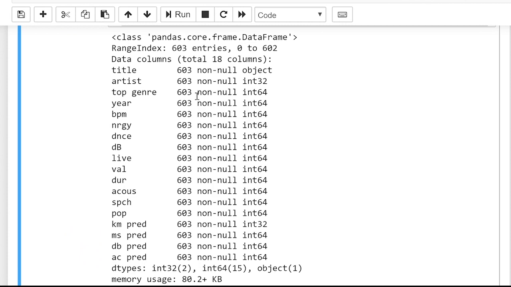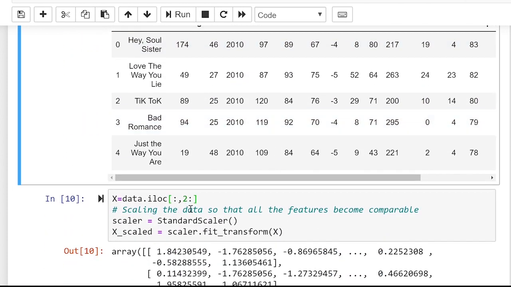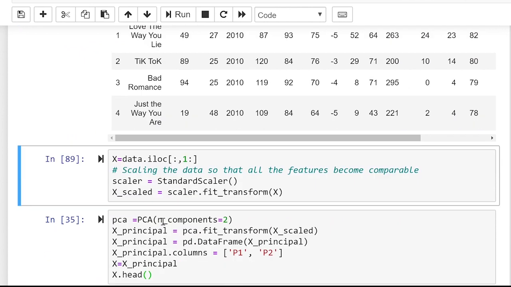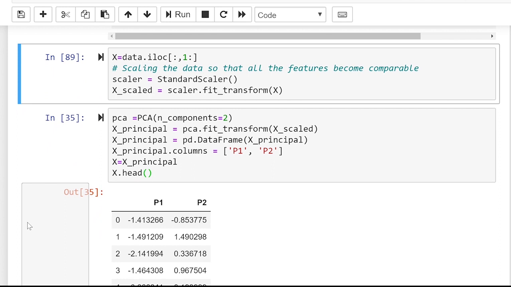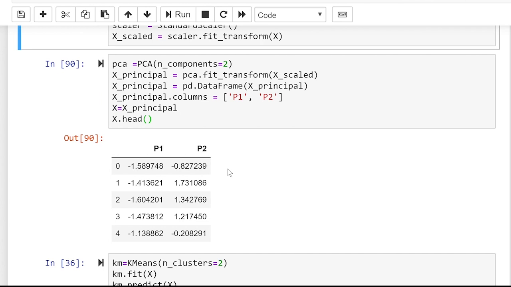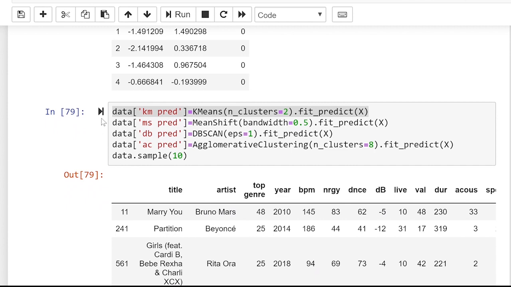So artist is now an integer, and instead of starting from top genre, I can start from artist. And what I want is only 2 columns that represent all of the columns, so I can skip that process.